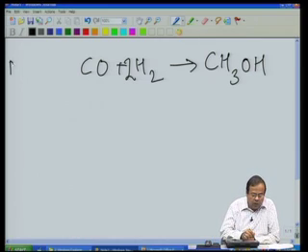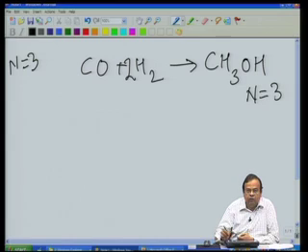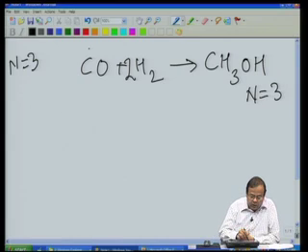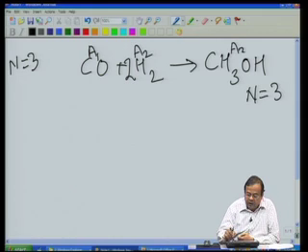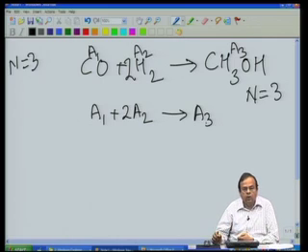So, the n that we were talking about previously, n is 3, that is, our number of species is 3 for this example, and let us call carbon monoxide A1, hydrogen A2 and methanol A3. So, I can immediately write this reaction as A1 plus 2A2 giving rise to A3. That is a standard way of representation.